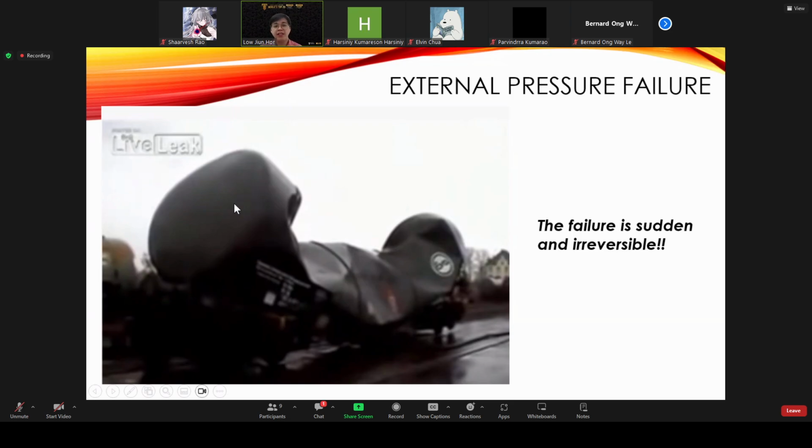If the closure or the head here is also not strong enough, maybe here will also rupture and the gas and liquid mixture can release out from the pressure vessel. In that case, it can cause fire, toxic release, and also explosion. So that's why the design of the thickness is very important.